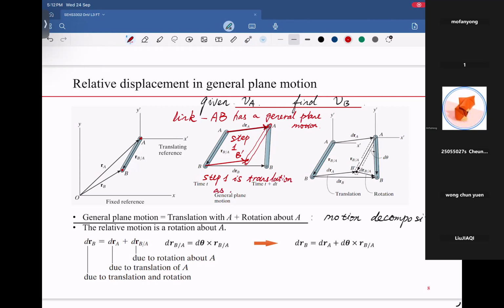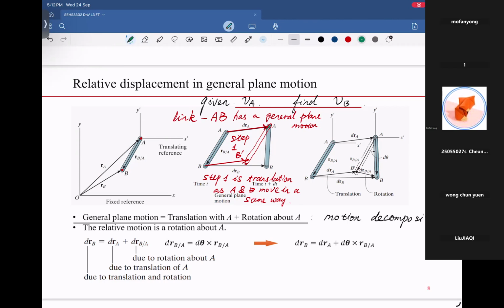As A and B move in the same way, right? Okay, now let's experience another motion with step 2.